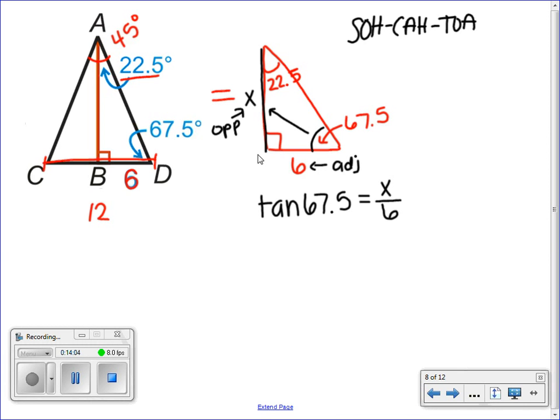How do I get X by itself? Multiply by 6 on both sides. So X equals 6 times tangent of 67.5. Round our answer to the nearest hundredth. And I get that the apothem is 14.49.